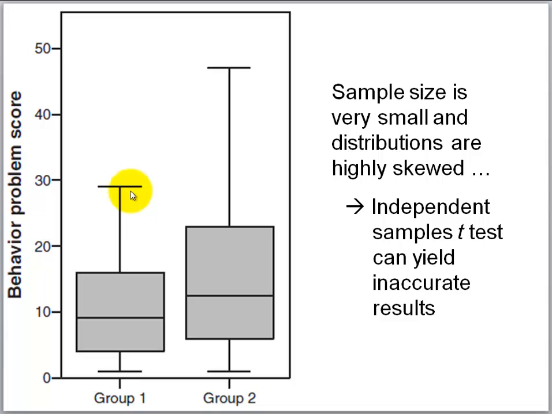So also does the greater length of the positive whiskers than the negative whiskers. So here, for instance, is one of our positive whiskers, and the negative whisker is much shorter. And again, that's conveying positive skew. So conducting an independent t-test in this situation could yield inaccurate results.